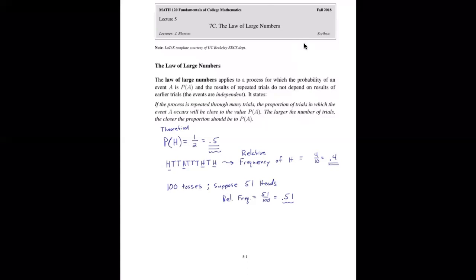What the law of large numbers says to us is that the more times we toss this coin, the closer our relative frequency probabilities are going to get to our theoretical probability.